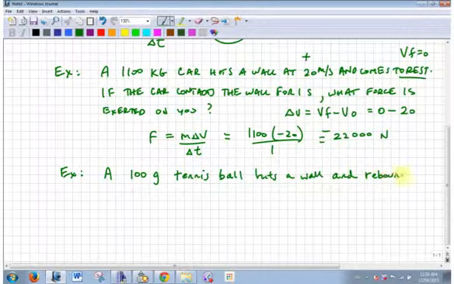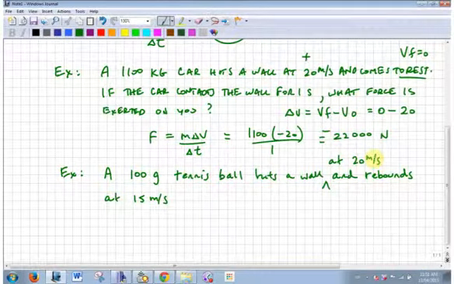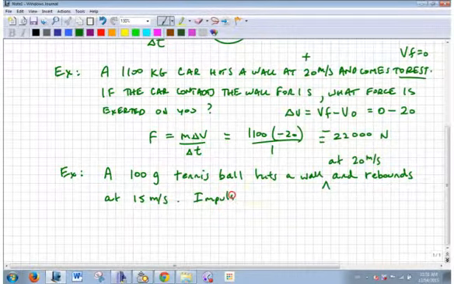Hey, bounces, rebounds. Oh, I forgot this. Same speed. So hits a wall at 20 meters a second and rebounds at 15. What's the impulse imparted on the ball?